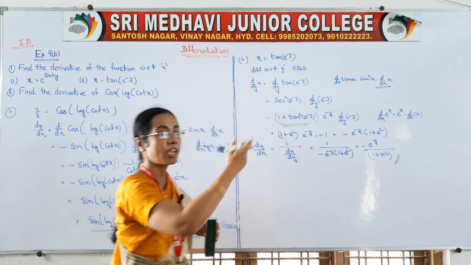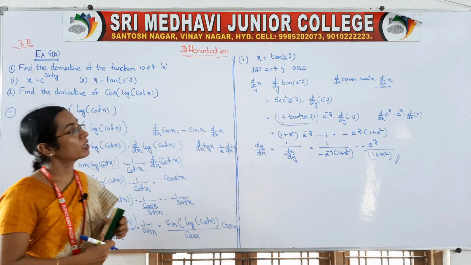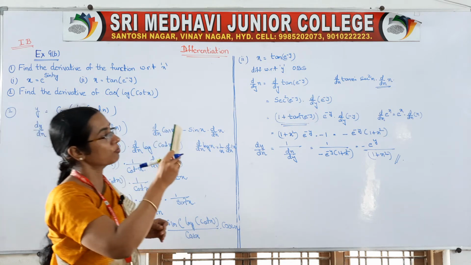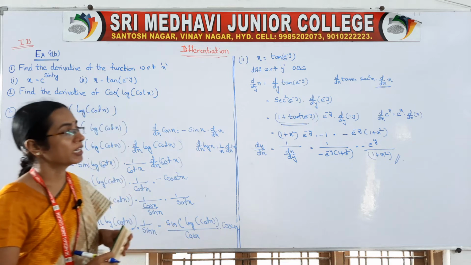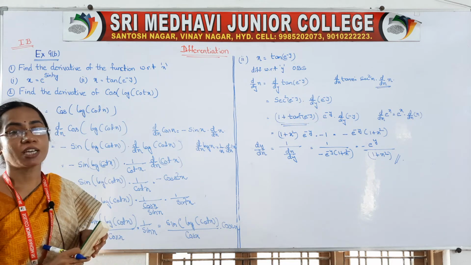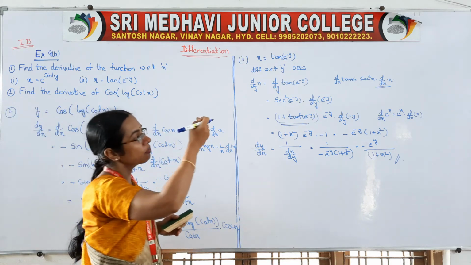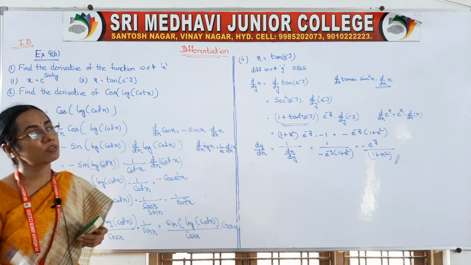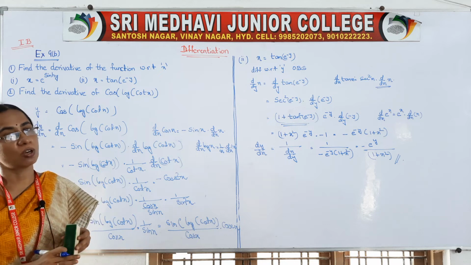For that sake we took that formula. If you observe, we used the d by dx of tan x formula and the d by dx of e to the power of x formula. Generally our formulas are with respect to x; if it is with respect to y, we follow the same format.